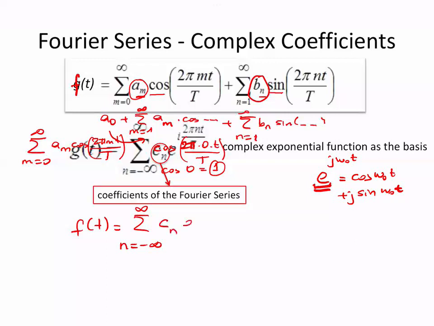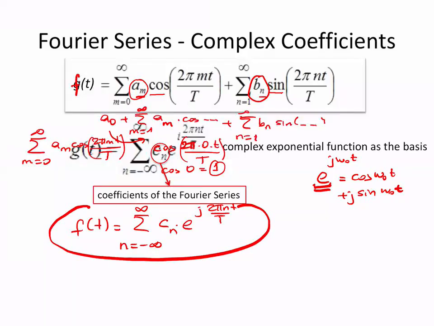Cn e to the power j 2 pi n t over T. So every kind of signal, whether it is a real signal or a complex signal, you can come up with this Fourier series representation. Okay, we will always use this kind of representation from now on.